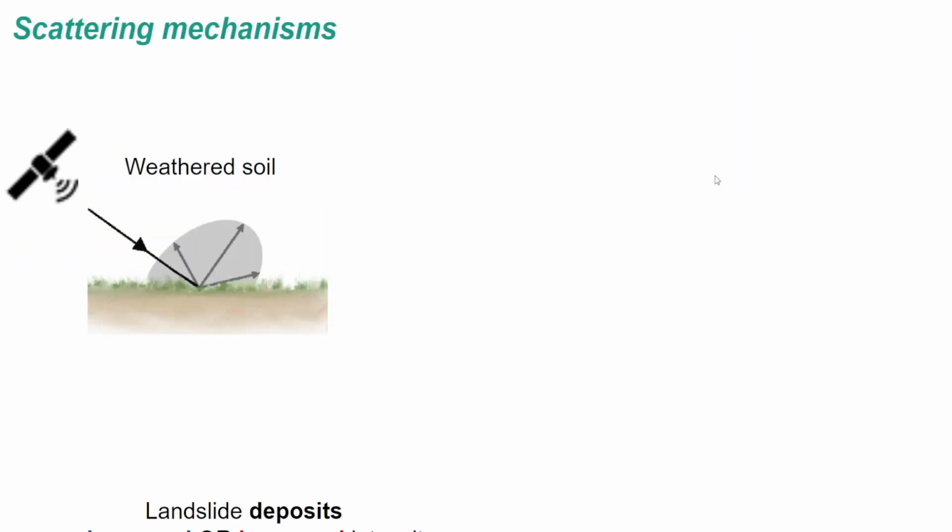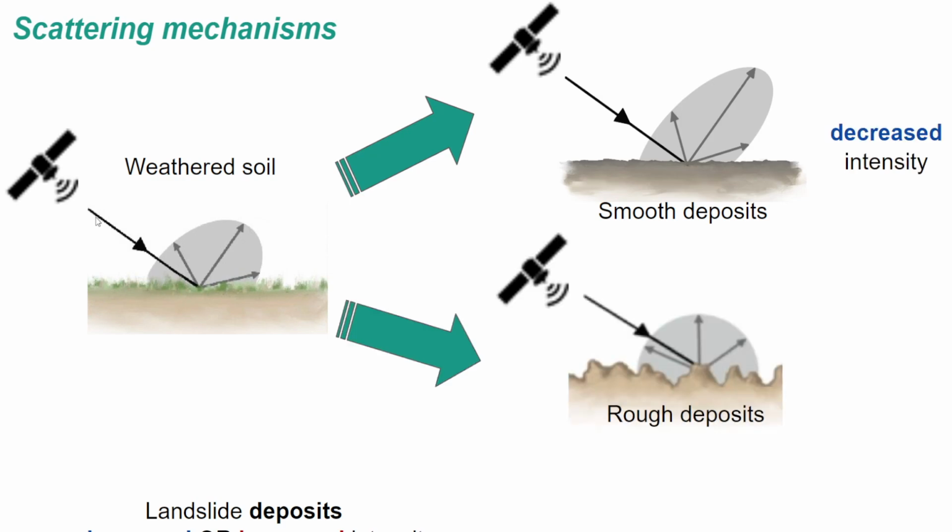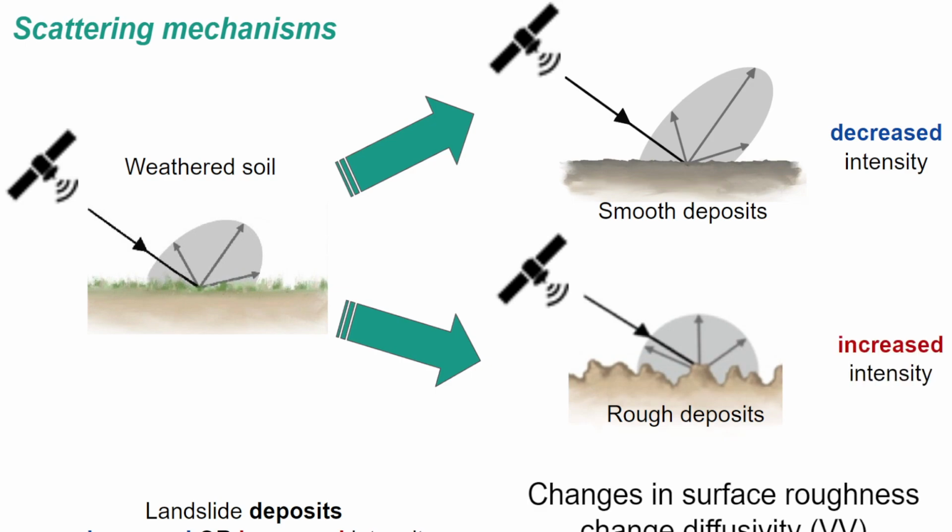Again, with some simplification, we can see that changing from a weathered soil to smooth deposits produces decreased intensity, while changing to rough deposits produces increased intensity. And this is largely, again, due to changes in surface roughness.